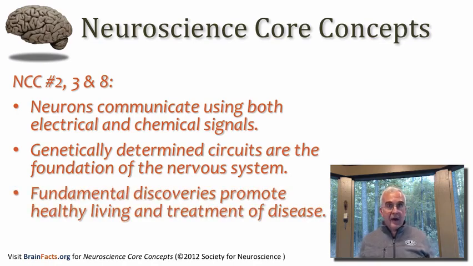And I hope you'll appreciate that the fundamental discoveries of these kinds of systems in the brain that can modulate brain state, sleepiness, wakefulness, these are very important concepts that are essential for understanding how to best promote health and wellness. So these kinds of fundamental discoveries are what will promote healthy living and the treatment of disease.